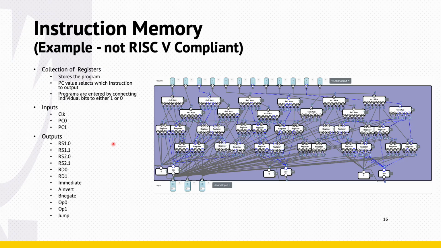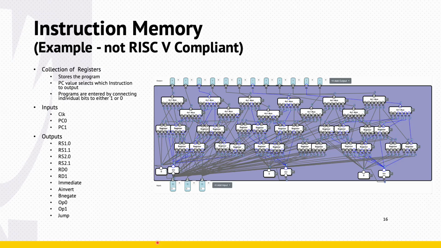But our program counter is actually what selects which of these various instructions that are stored in all of these registers get output. And it does that by using all of these multiplexers up here. And then again, we're programming this thing by connecting each of the actual instruction binary digits to either 0 or 1 and hard coding them.